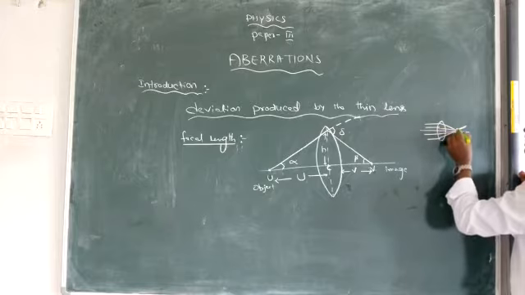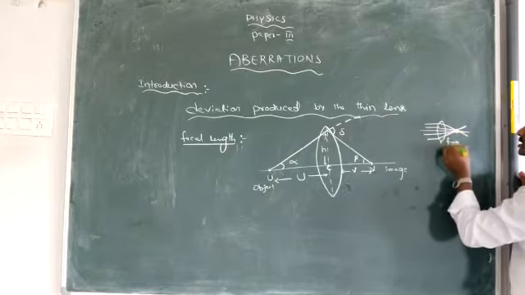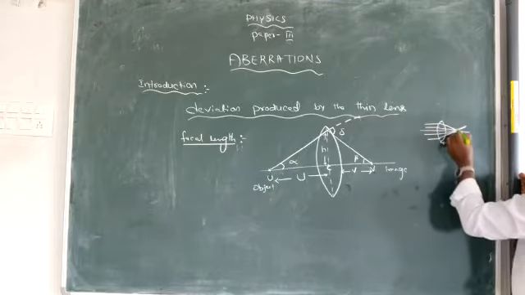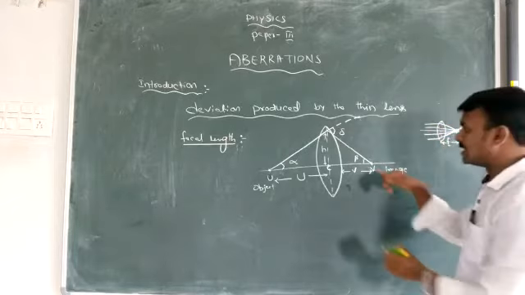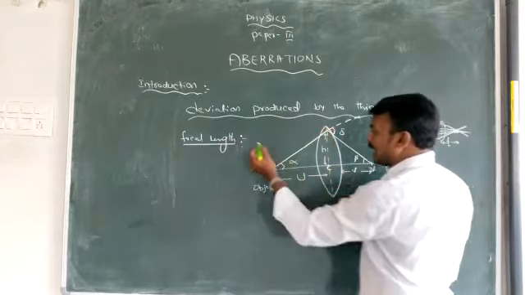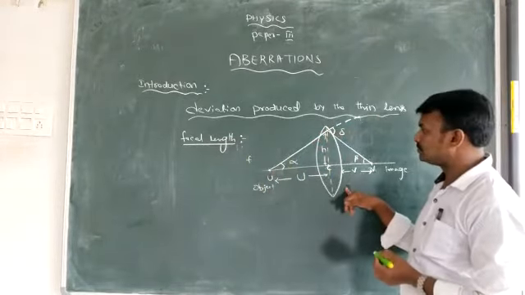The distance between the focus point and the midpoint of the lens is called focal length, and the focal length is indicated by F.